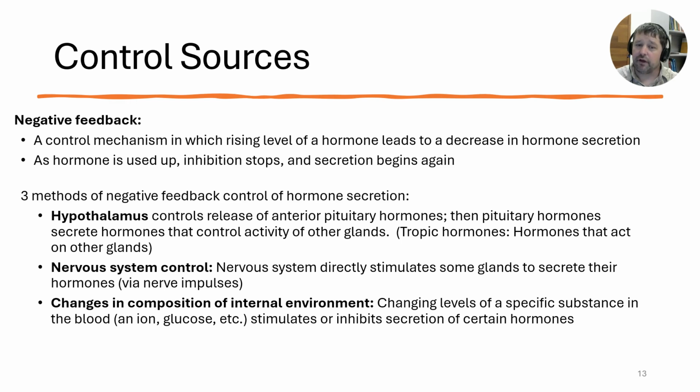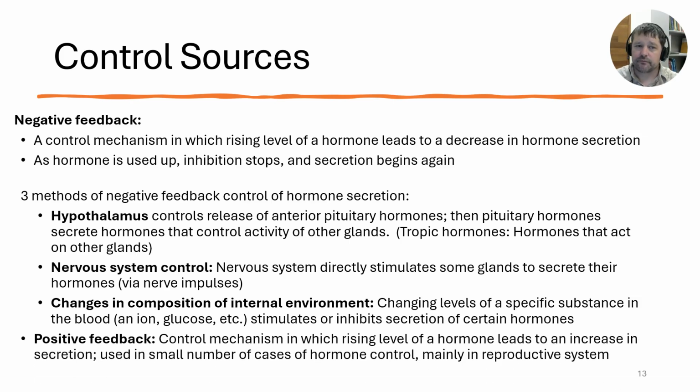So if you have lots and lots of glucose in the system, then you might stimulate the hormone insulin to be made, and that would be coupled with that glucose production. We'll come back and talk about glucose and its role.